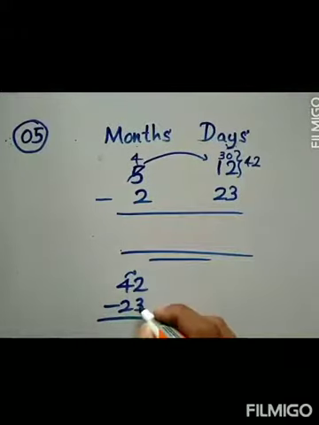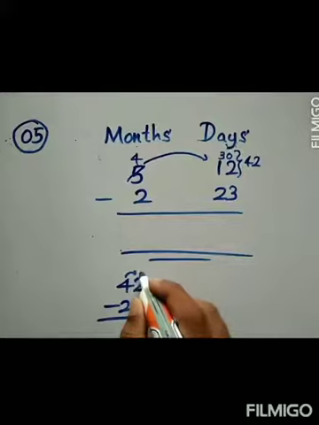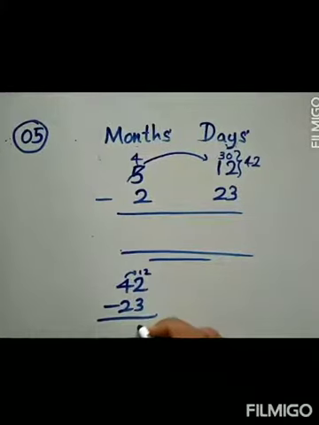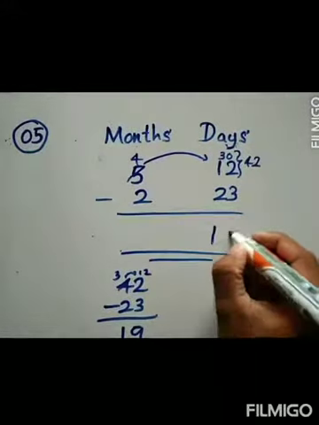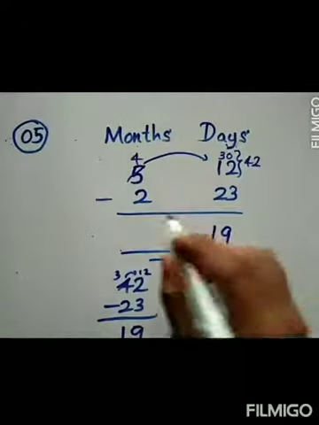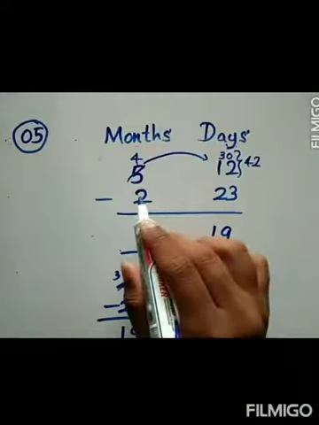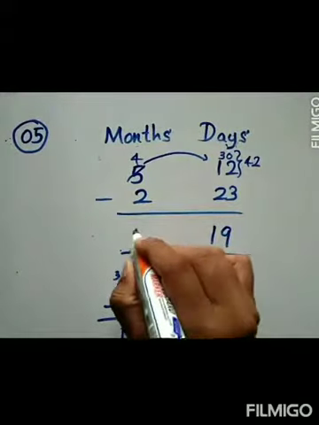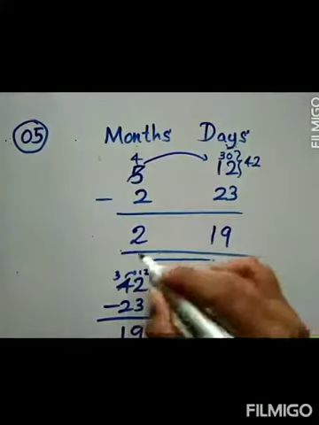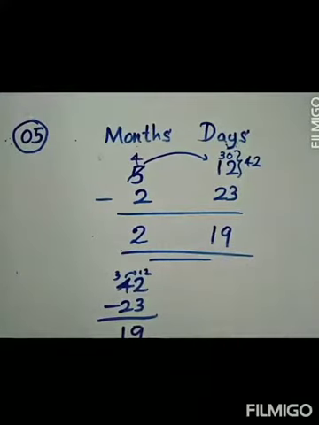You can't subtract 3 from 2, you have to take 1 from this side. Then 12 subtract 3, it's 9. Then here 3 remain, 3 subtract 2, 1. Then here the days are 19. Then from 4, if you subtract 2, you will get 2. Then the answer is 2 months 19 days.